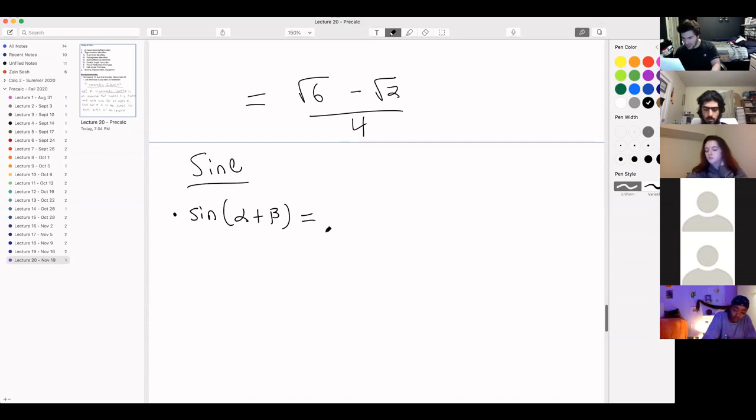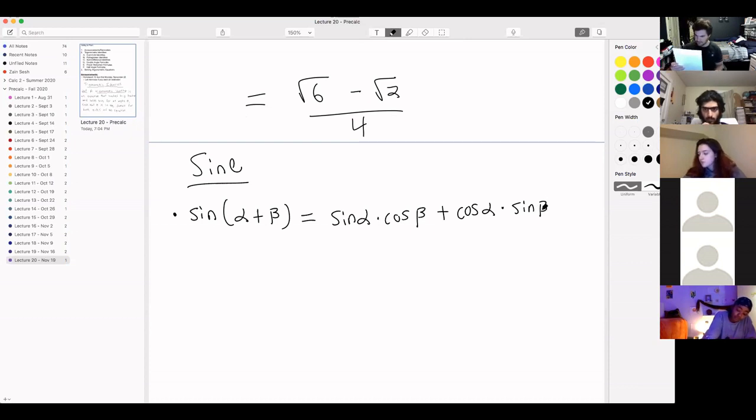Okay, sine alpha cos beta. So sine of alpha times cosine beta, plus cosine alpha times sine of beta. Yes, okay. Good. Next one is just with a minus sign, alpha minus beta.